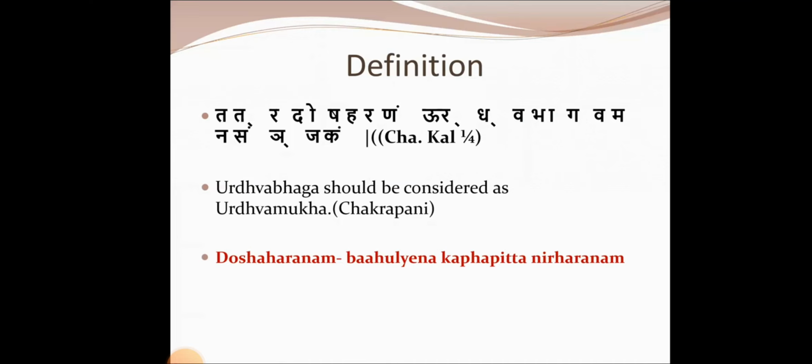Urdhva Bhaga should be considered as Urdhva Mukha, as mentioned by Chakrapani: Urdhva Bhaga means Urdhva Mukha, through which Vamana is practiced. And dosha haranam means bahulyena kapha pitta nirharanam. In Vamana, kapha and pitta are mostly eliminated.